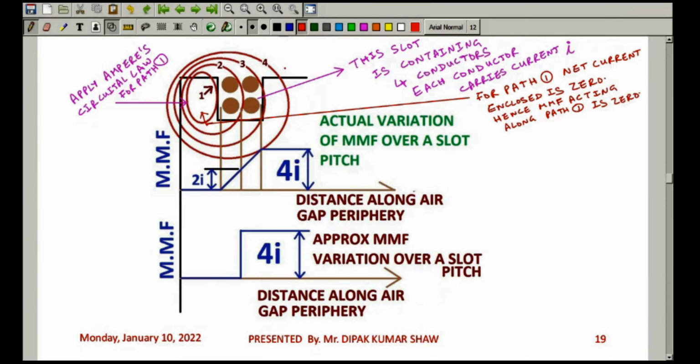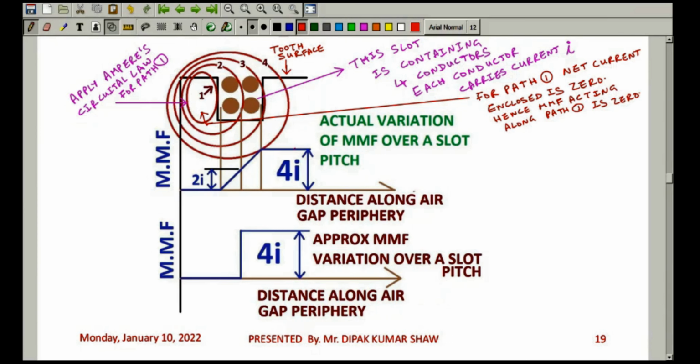This particular thing is your tooth surface, and this portion is the slot.